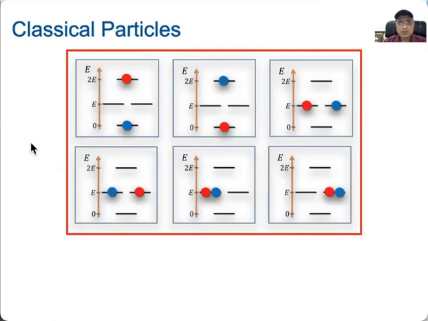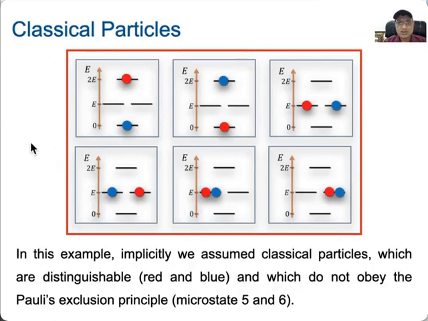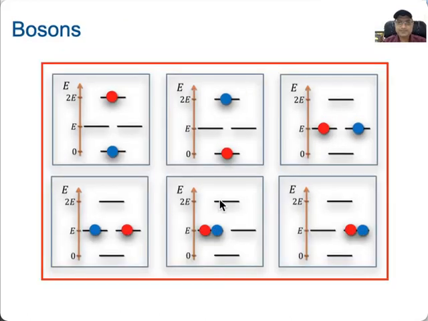We are discussing classical particles, and in this example we have assumed implicitly that these particles are distinguishable. That's why we have used two different colors, red and blue, and they do not obey the Pauli exclusion principle. You can see that these microstates, the fifth and sixth, are not fulfilling the Pauli exclusion principle, so both the particles are in the same energy state.